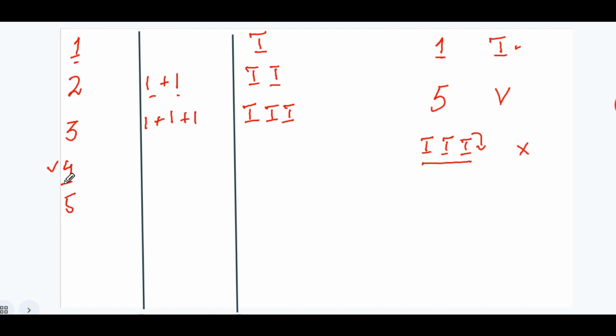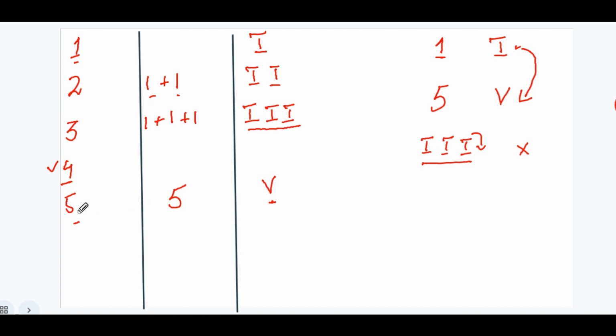So what you will do to find your 4: whenever this happens, that 3 same letters are already there in your number, to find your next number, go into your Roman numeral table and find your next number, that is 5 equals V. Now from this number I have to find my 4.